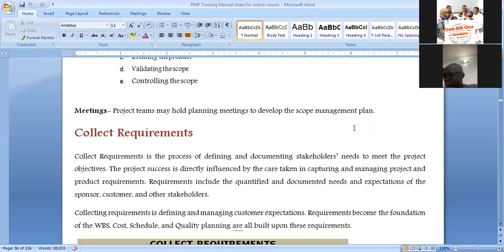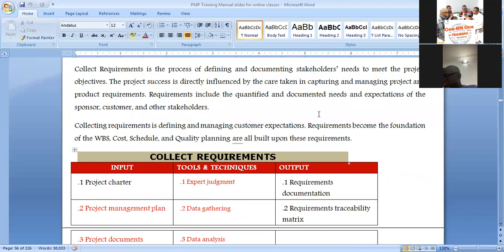When you capture this, you call for a meeting and start treating the areas that are conflicting, the areas that are ambiguous, to streamline them in an understandable way. So you have them all documented in a list that you will call the requirement documentation. You come up with requirement documents.